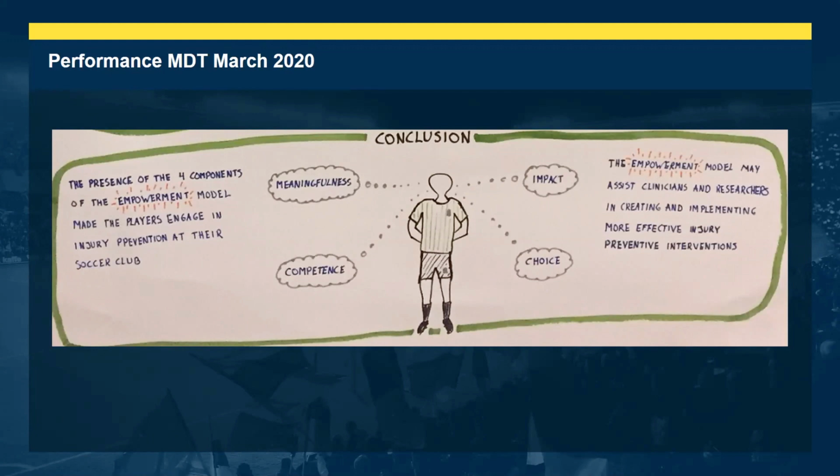The practical implication is that we believe the empowerment model, not just the word empowerment, but the model, may assist clinicians and researchers in creating and implementing more effective injury preventive interventions.